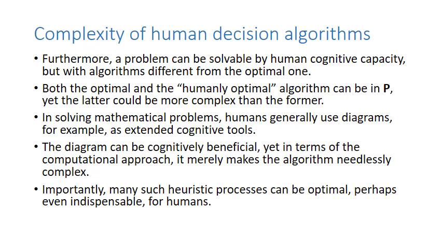So everything you do with the diagram adds to the complexity of your cognitive process, and it makes the algorithm that you use less and less optimal from the purely computational approach. What is important here is that many such heuristic processes like drawing diagrams can be optimal for humans. They can even be perhaps indispensable.